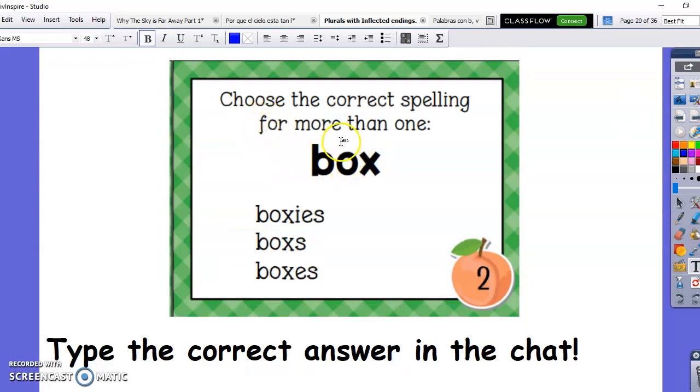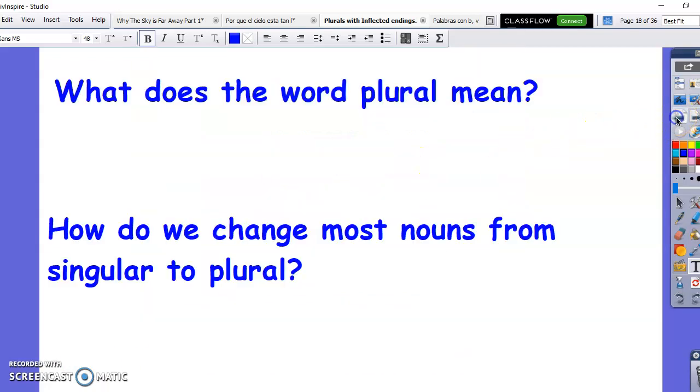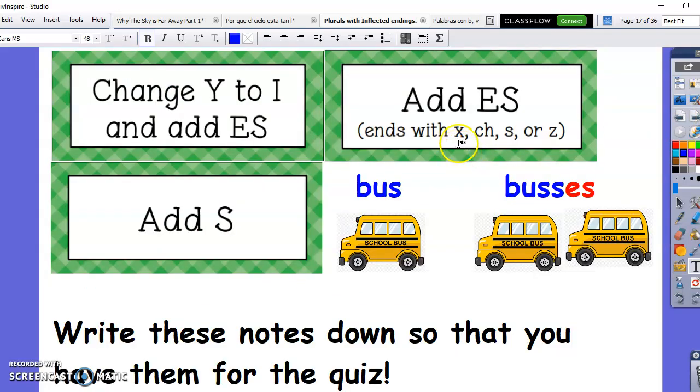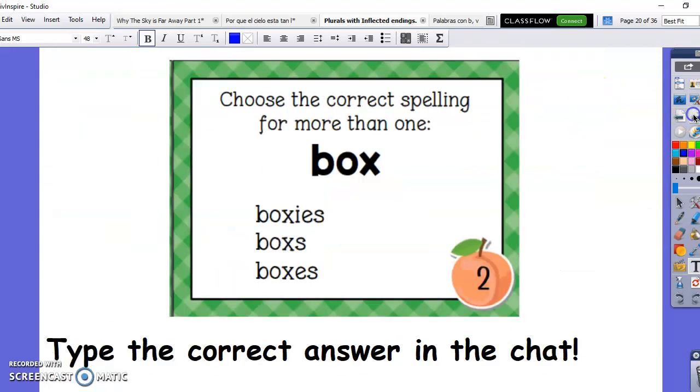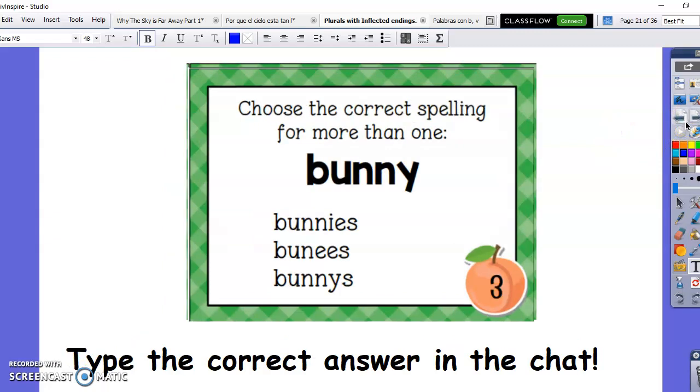Box. What's the rule for box? Again, if I go back and look at the rule, it says when a word ends with X, we have to add ES. So the correct spelling for boxes would be the last one. Bunny. Remember the rule for words that end with Y. You change the Y to an I, and then you add ES.